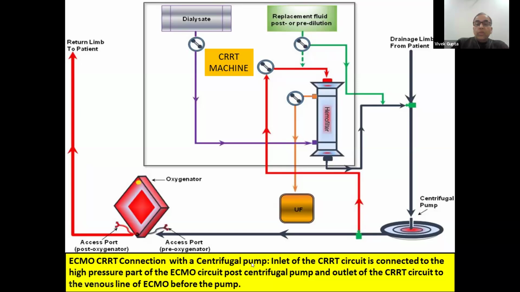So this has the high pressure line, new pressure, and you are returning back here, so less risk of any air embolism, and because you are correcting it before it, so there is usually hemodynamic variation will not be there, and moreover, if there is any clot, it can be trapped with the oxygenator.